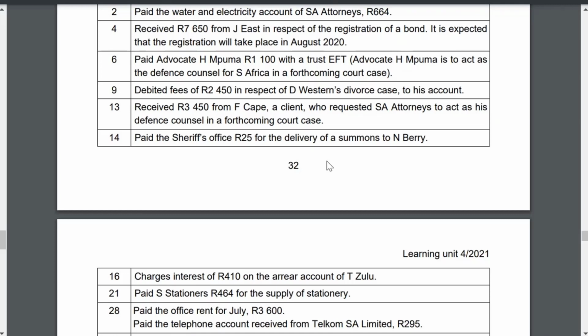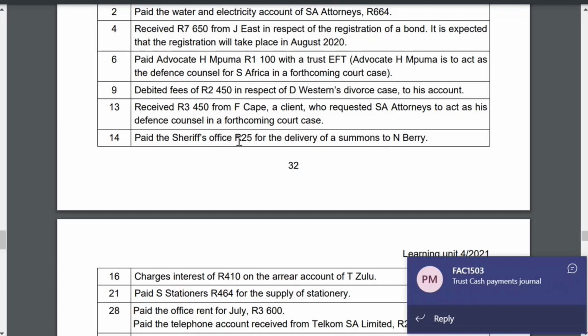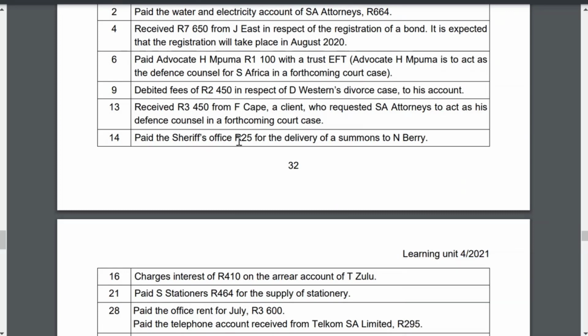So guys, this is transaction number 14. It relates to a delivery of Simons on behalf of the client. So remember, anything that has to do with the client doesn't get deducted from the business bank account. So Faith is saying business cash payment journal, and Palisa is saying trust cash payment journal.